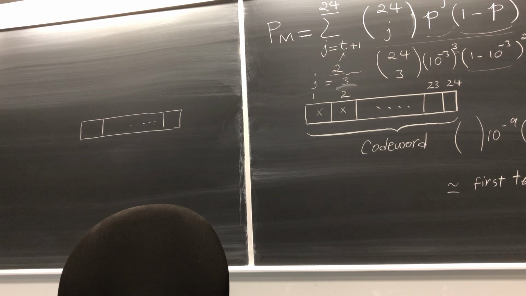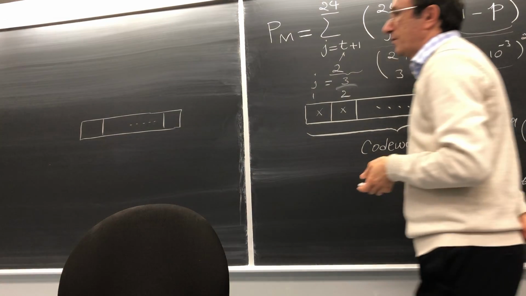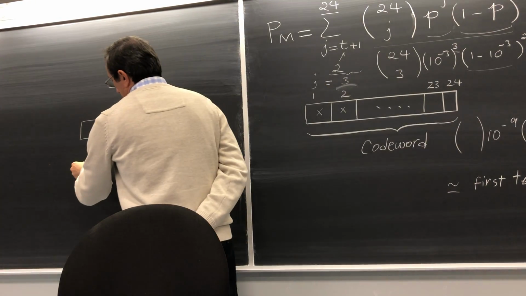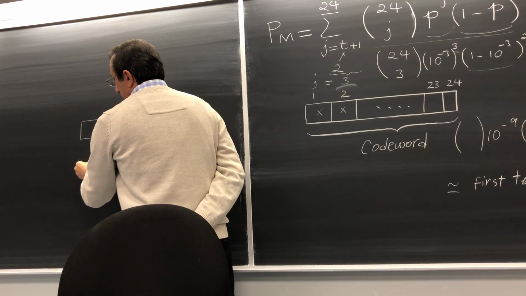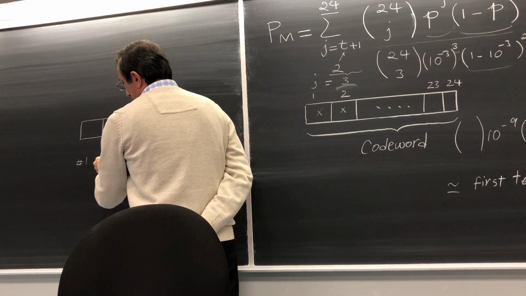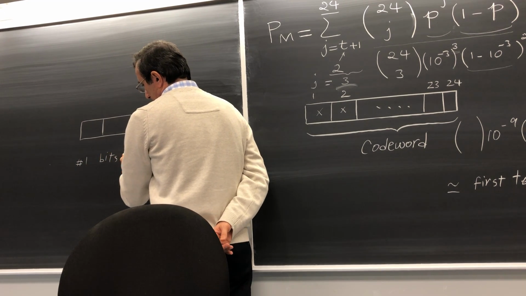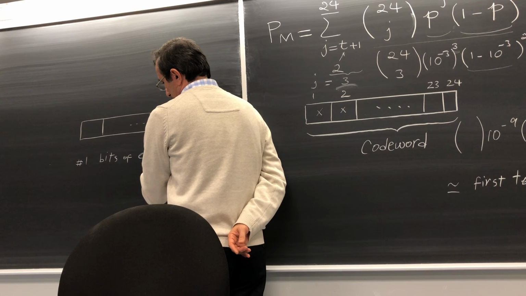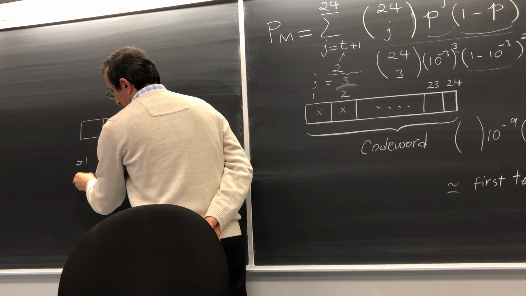Okay. 1 minus a certain number of bits of error refers to one bit of error, let's say 2 bits of error.